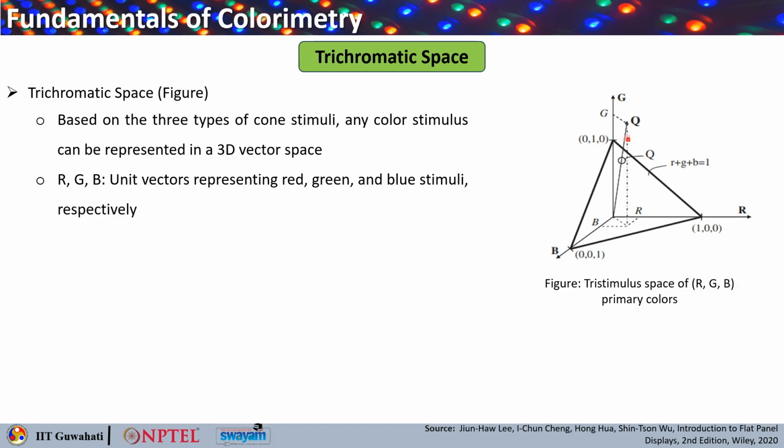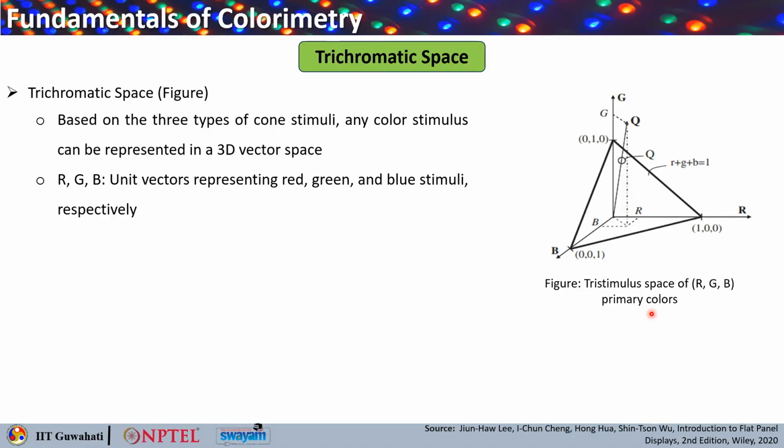With that, now let us introduce this tri-stimulus space of RGB primary colors. What we understood is that according to the color matching experiment, because there are 3 kinds of cone cells, any stimulus can be represented by a vector in a 3-dimensional vector space, and that vector space is called trichromatic space.